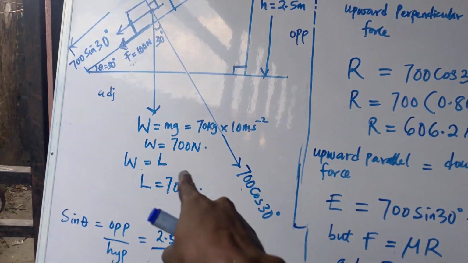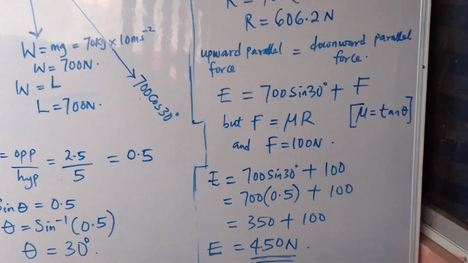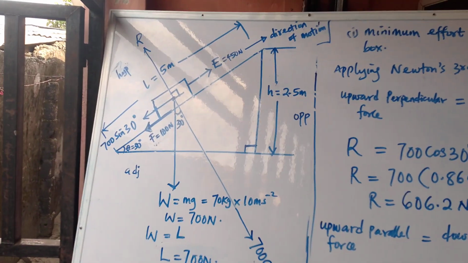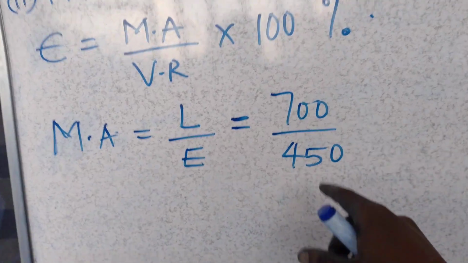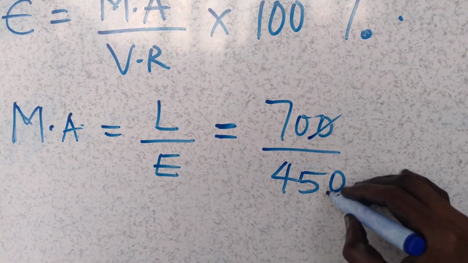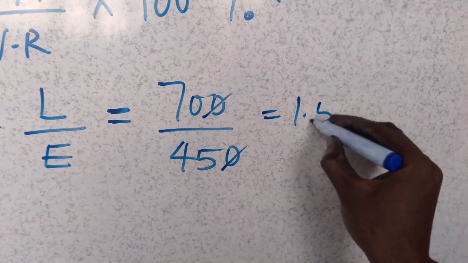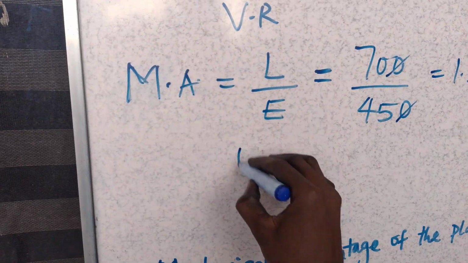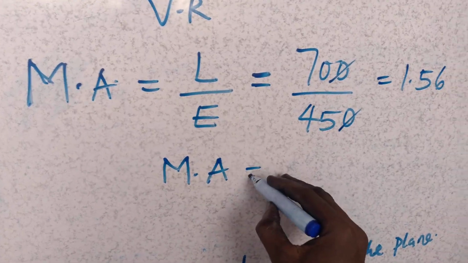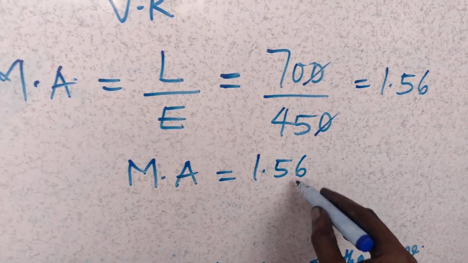When I divide 700 by 450, it gives me 1.56. So my mechanical advantage is 1.56.